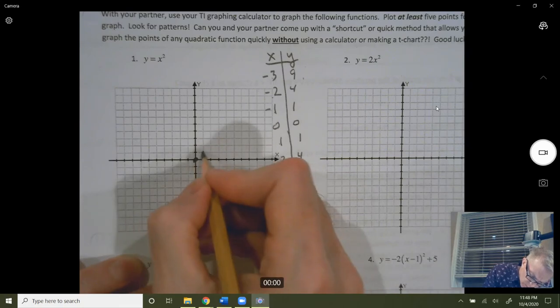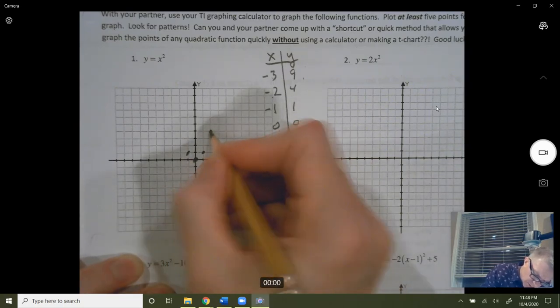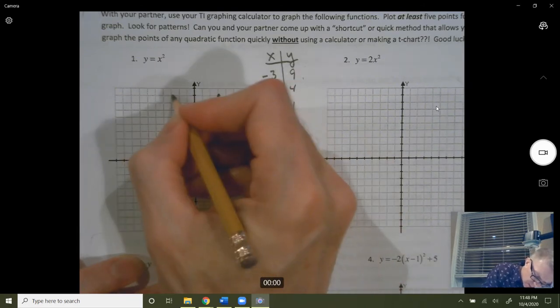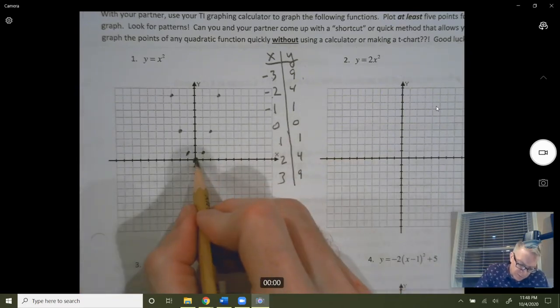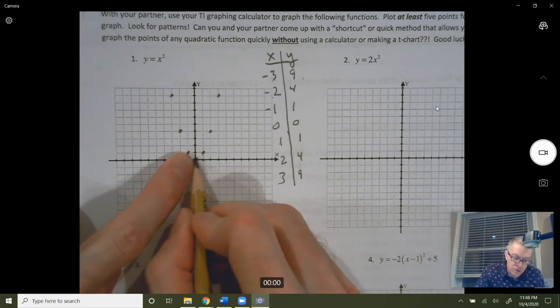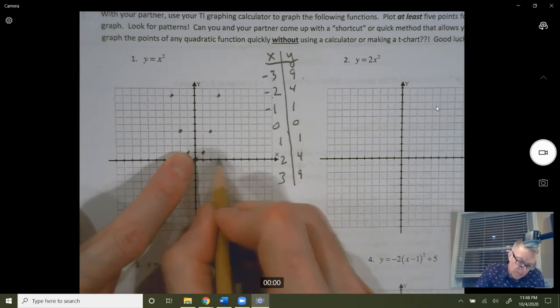We've got 1, 1, and -1, 1. Got 2, 4, -2, 4. 3, 9, and -3, 9. So this is the pattern I was talking about. If you're measuring from your vertex, you'd go over 1, up 1 squared. You'd go over 2 from your vertex, up 2 squared. Over 3, up 3 squared.